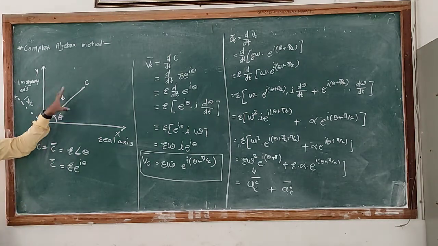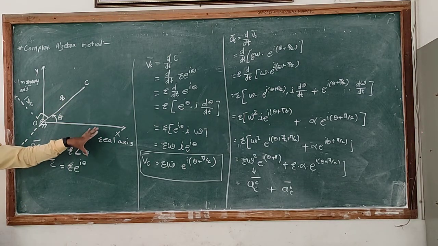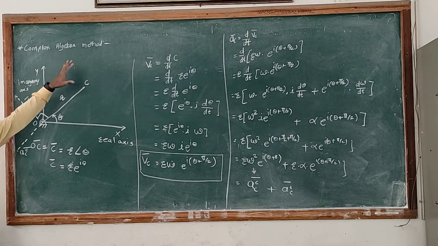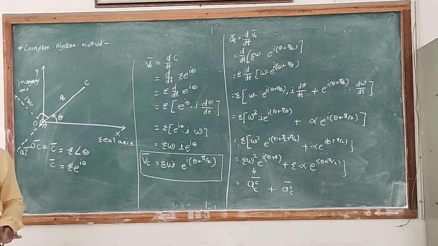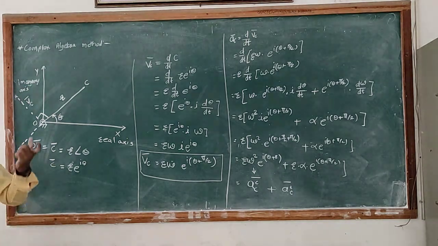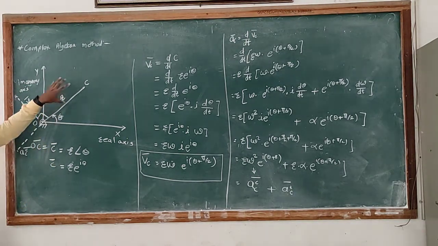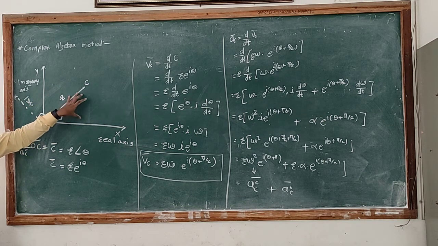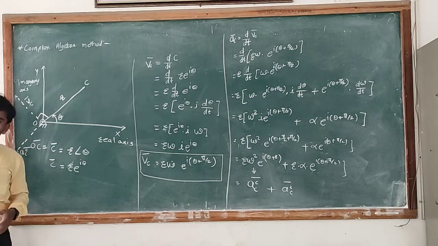Okay. So this method is called the complex algebra method to represent a link. Here we discussed how we can represent any link in complex algebra form.